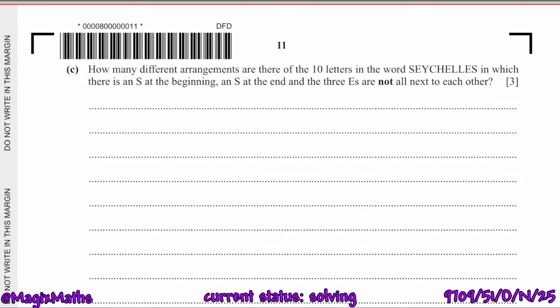Okay, so we can arrange some kind of no restriction, except S at the beginning and at the end. No restriction. And then we minus S in the beginning and in the end with E together.